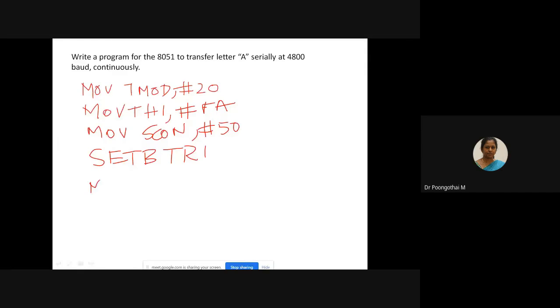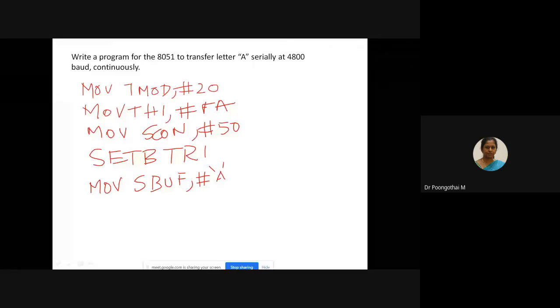So move SBUF, #character A. So our microcontroller will start sending the data from SBUF to the external device via TXD.